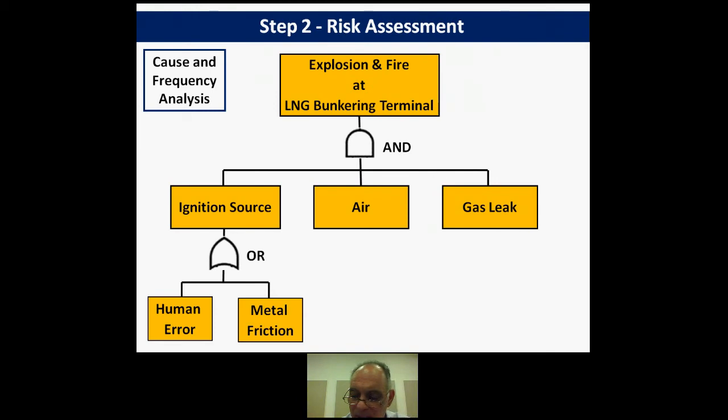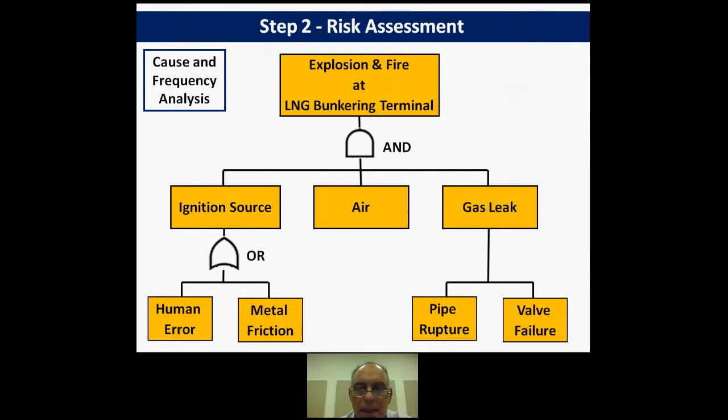In this case, the terminal we already mentioned. Again, with regard to the frequency of occurrence of a gas leak, if we don't know how often this happens in a site like this, then we can go a bit further down and see what can cause this, and we are probably lucky enough to know the frequency of pipe rupture or some sort of valve failure.